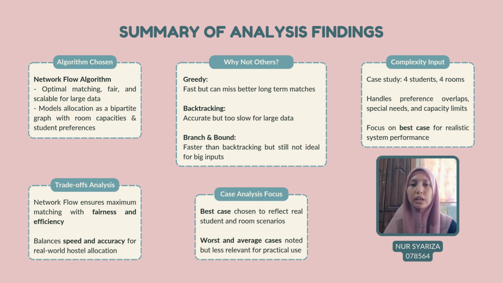So for the summary, we found that the network flow algorithm is the most effective for solving hostel room allocation problems, especially when the input is clear and conflict free, like in our case.